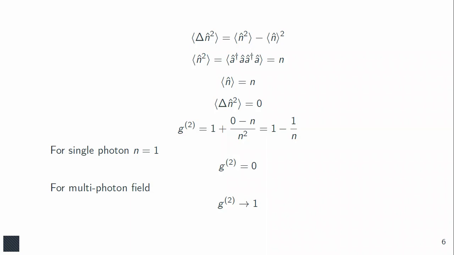For some classical field like a laser field, you would see that the correlation function approaches the value of 1. So these are very nice categorizations of the field using statistical quantities like the correlation function. We could categorize quantum fields and classical fields with the help of the second order correlation function.